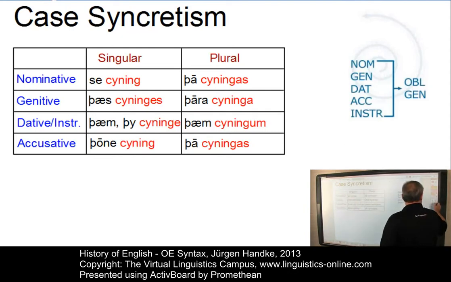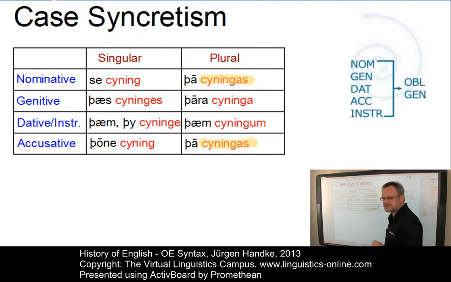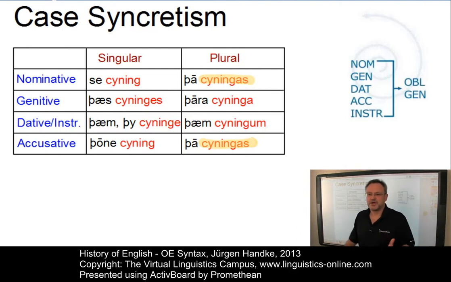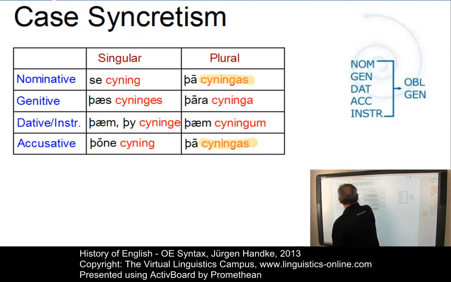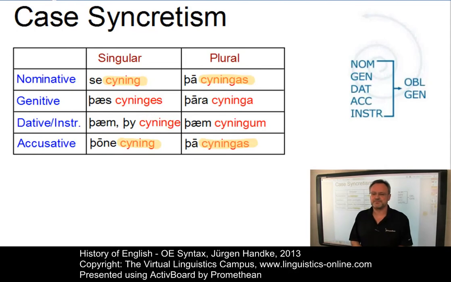For example, in the plural, we had the form cyningas in the nominative and in the accusative case. And in some cases, the case I chose here, we have case identity in the nominative and the accusative in the singular.